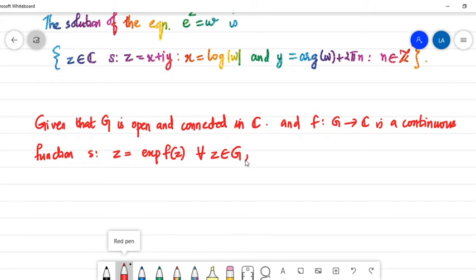Now we are going to define what the branch of the logarithm is. Clearly read the statement. We have a G which is open and connected, and I am having an f from this G to C, and it is continuous such that z is equal to the exponential function of f of z for every z belonging to G. Then this f is called the branch of the logarithm.